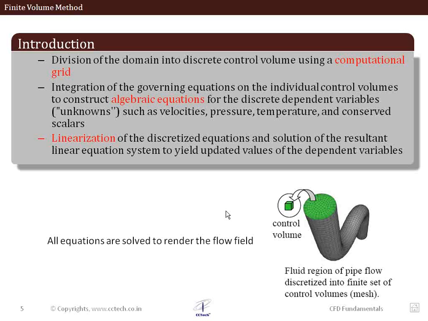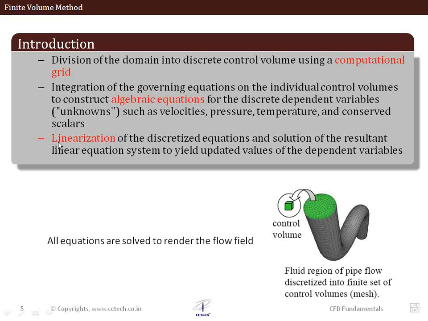But when we come down to CFD, we want to discretize this geometry and we obtain something called a mesh. We implement our governing equations on each of these finite volumes, and what we obtain ultimately is a set of linear algebraic equations.